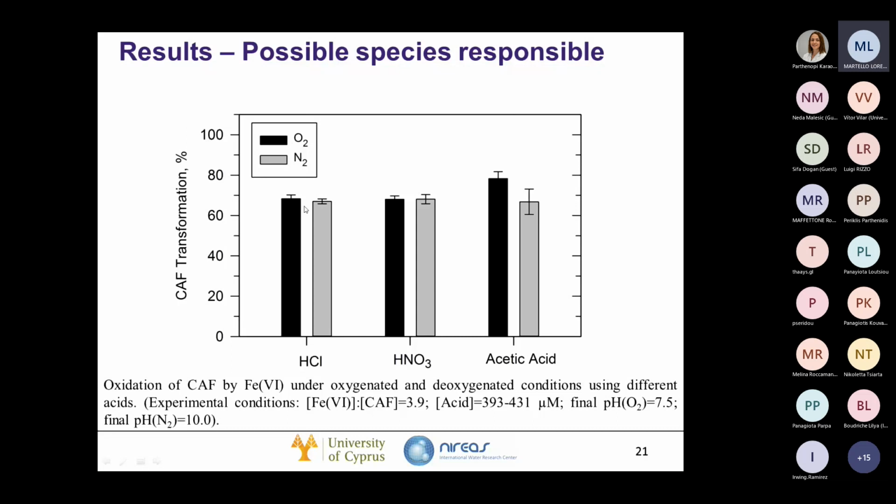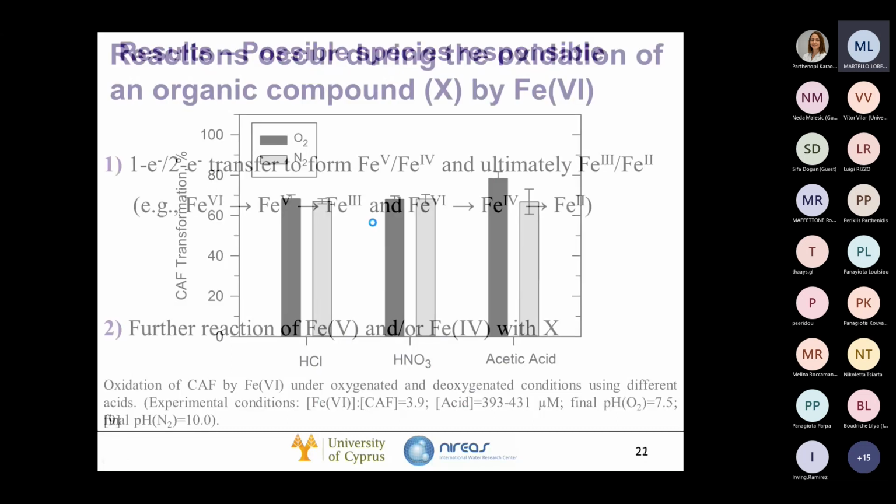These results showed almost no difference when we purged nitrogen, an indication to us that the observed enhancement in the removal of a model compound by Ferrate 6 was due to iron-based species and not due to reactive oxygen species.